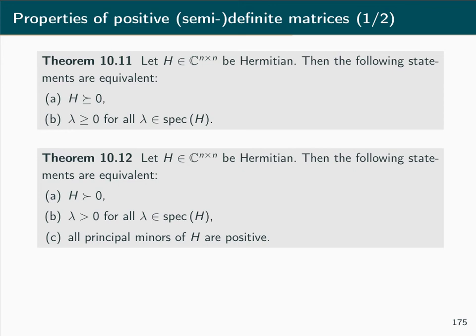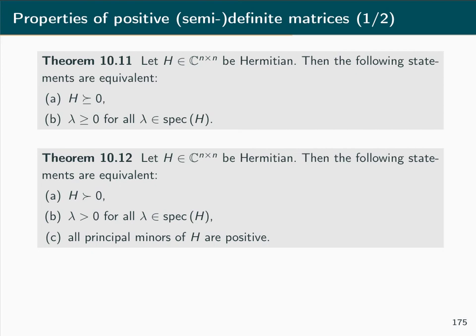Clearly, these theorems hold analogously for negative semi-definite and negative definite matrices. So in the case of Theorem 10.11, if H is Hermitian, then H is negative semi-definite if and only if all of its eigenvalues are non-positive.